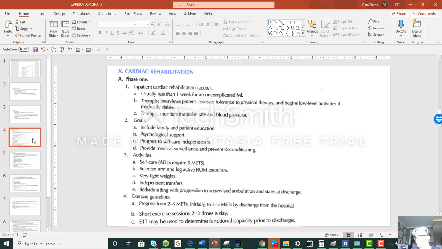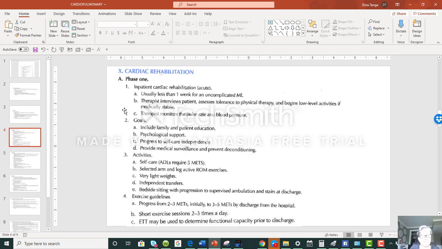Cardiac rehabilitation phase 1. Inpatient cardiac rehab, acute, is usually less than 1 week for an uncomplicated myocardial infarction. The therapist interviews the patient, assesses tolerance to physical therapy, and begins low-level activities if medically stable.